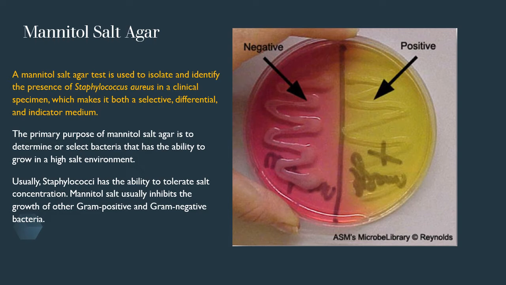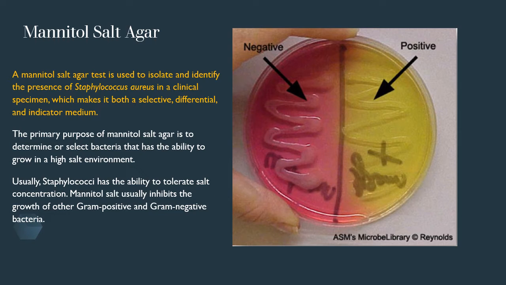The primary purpose of mannitol salt agar is to select bacteria that have the ability to grow in a high salt environment. As there is a high salt concentration, it is named mannitol salt agar. Usually Staphylococci have the ability to tolerate high salt concentration.